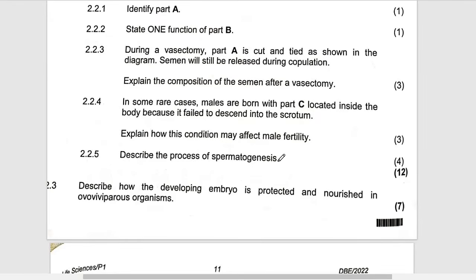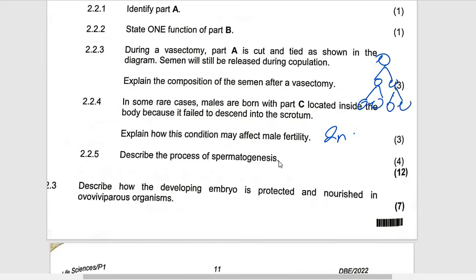So you can say that under the influence of testosterone, the diploid cell, which is 2N, will undergo what we call meiosis. This diploid cell is found in the seminiferous tubule. It will undergo meiosis to form the haploid sperm cells. Basically, you have one cell divided into 2, then divided into 4.